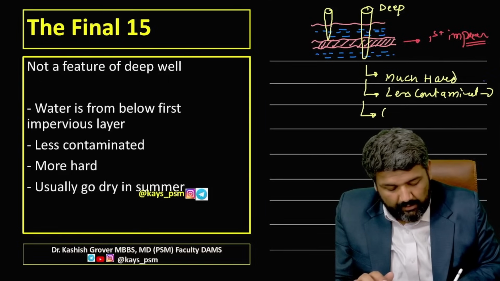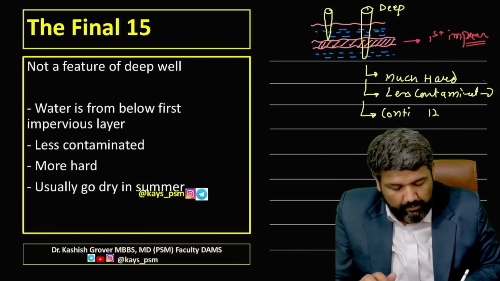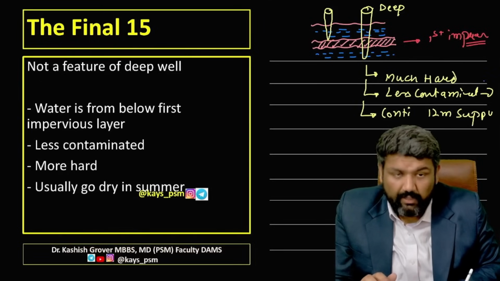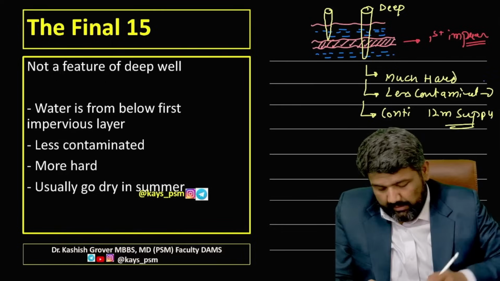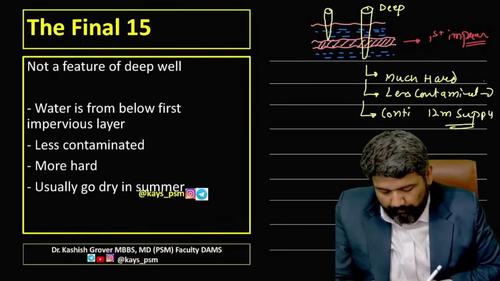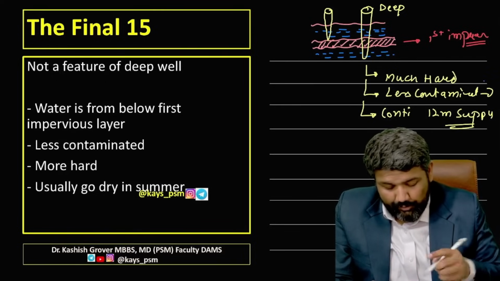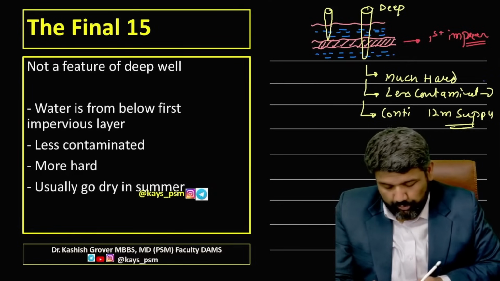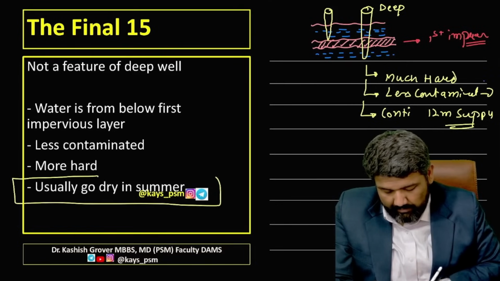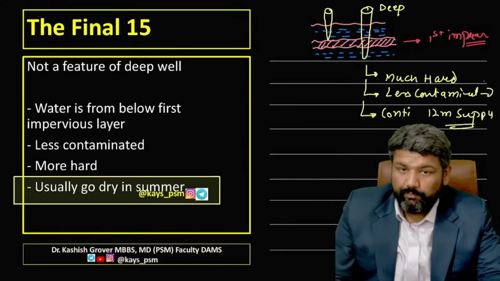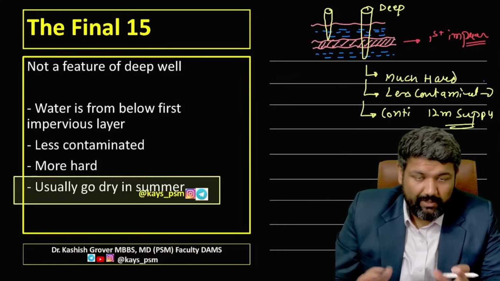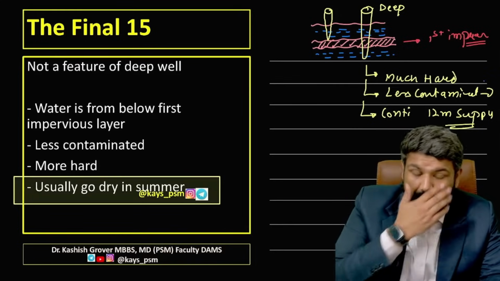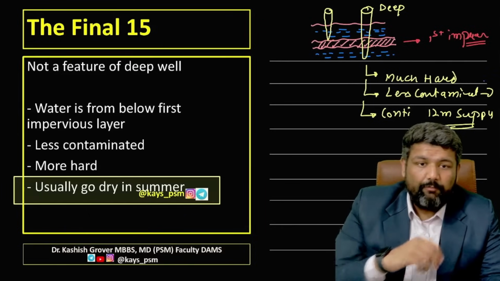So it gives a continuous 12-month supply. So water from below the first impervious layer, this is true. Less contaminated, this is true. More hard, this is also true. Usually go dry in summers, this is not true. It does not go dry in summer because it is deep and there is no effect of summers on deep water bodies.